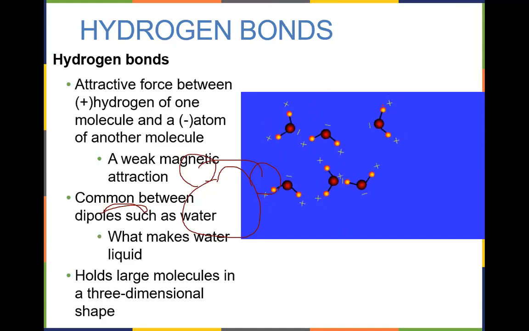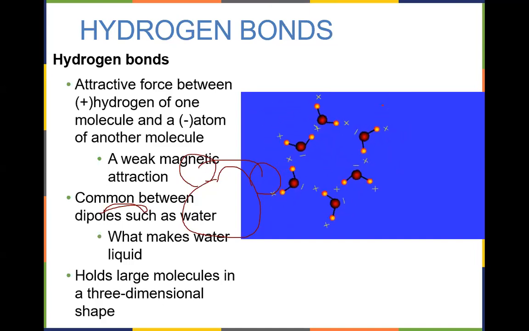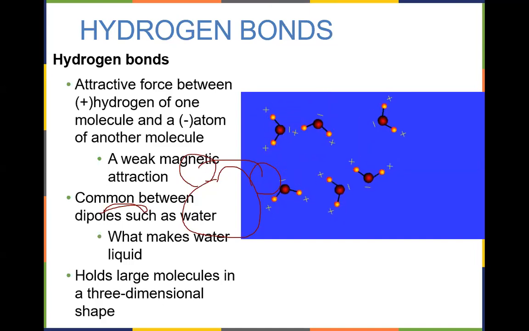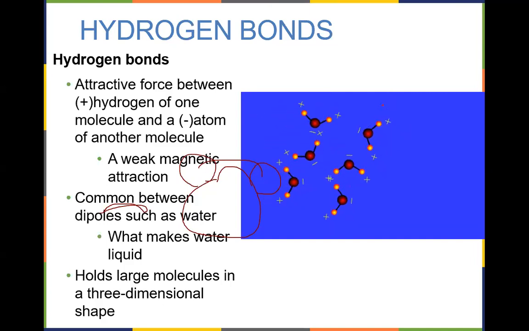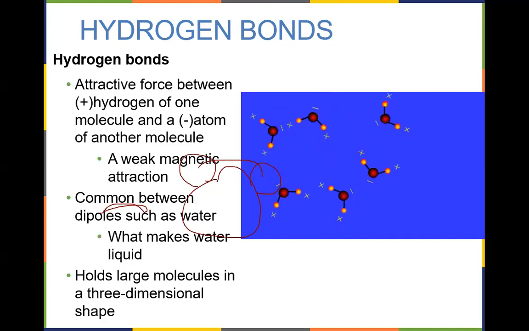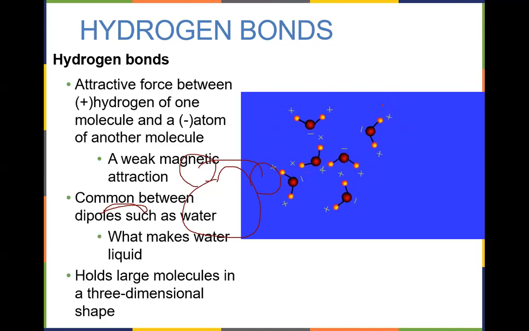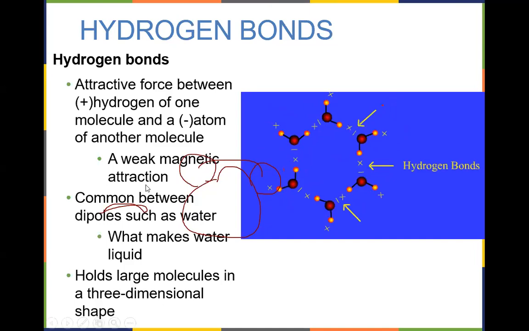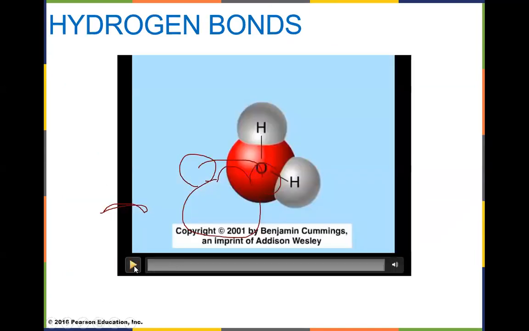So one of the great properties of water is based on these polar bonds where hydrogens are attracted to oxygens and oxygens are attracted to hydrogens. And in our larger molecules, like proteins, which have a 3-dimensional shape, it's the hydrogen bonding that lets that happen for us.